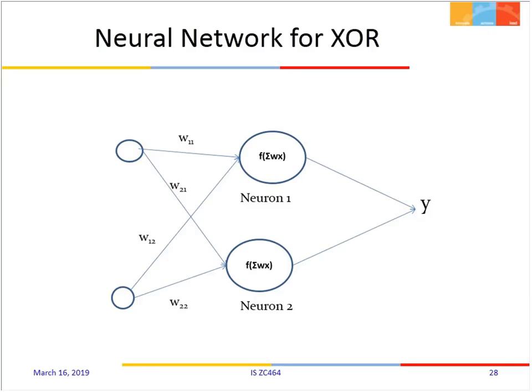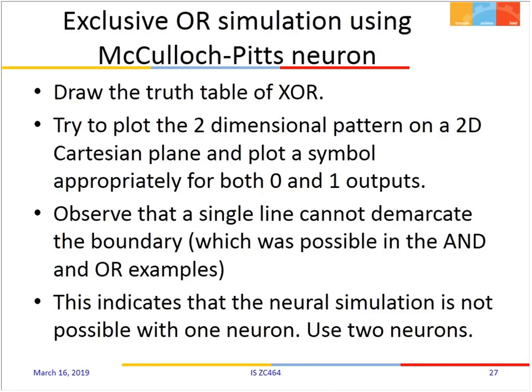If I am taking x1 and x2 and their actual output y, exclusive OR is defined as 0 0 giving 0, and 0 1 giving a 1.